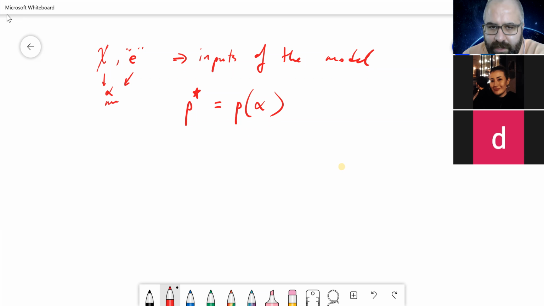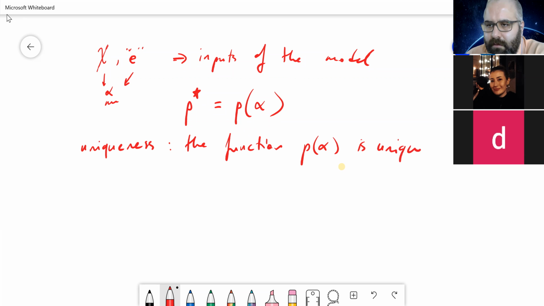So this becomes a parameter set. Now uniqueness means the function p of alpha is unique. So in other words, if I give you the demand functions and the endowments, and if you find only one function, under the price normalization, of course.